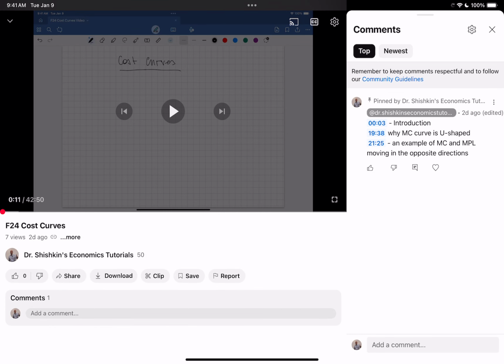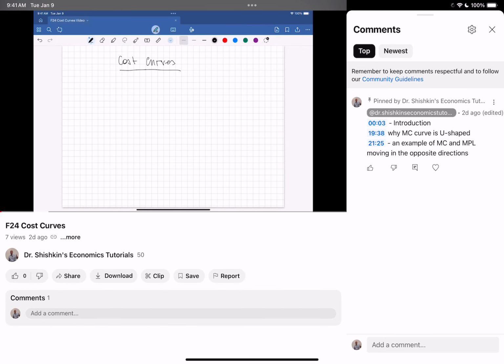But most importantly, here it is. There is one part of it which I strongly recommend you take a closer look at. You can get to it by clicking on this time stamp here, and it says 21 minutes 25 seconds. This is where I got to it. It's an example of marginal cost and marginal product of labor moving in opposite directions.